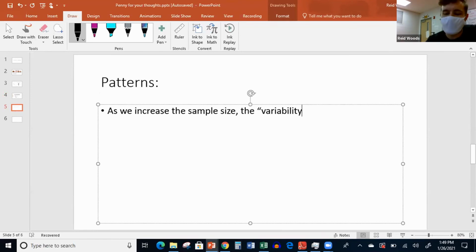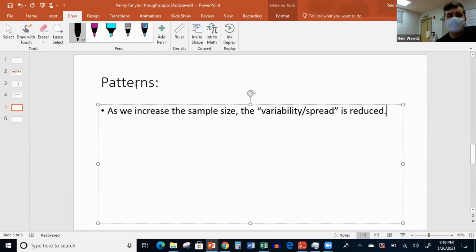That's one of the words that we need to learn. It's a term. I'll also put spread is reduced. That is kind of the main pattern that we're looking for.